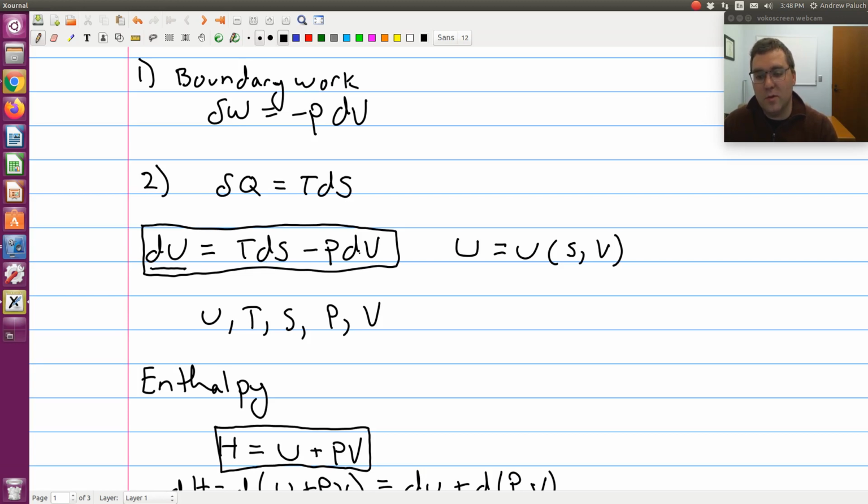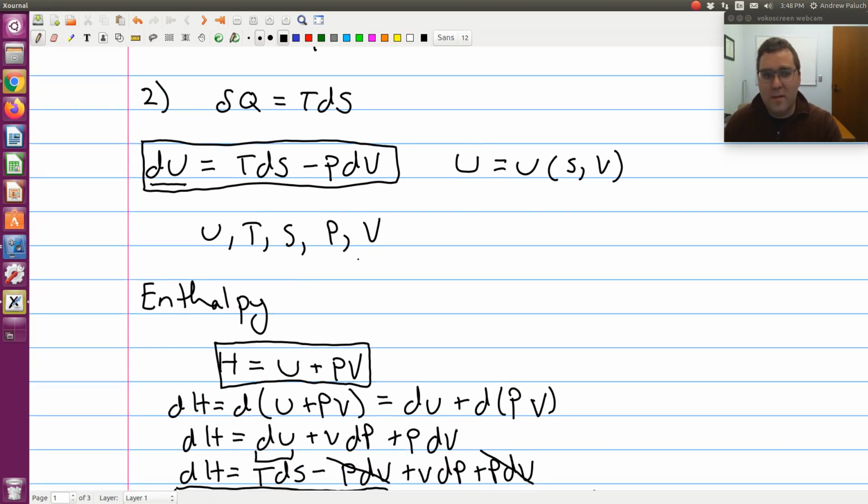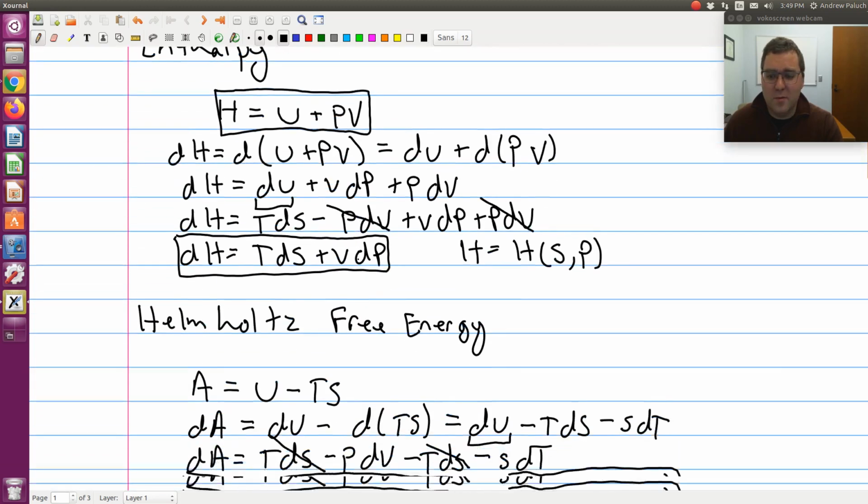So for enthalpy, we switch the role of P and V. For Helmholtz free energy, we switch the role of T and S. In Gibbs free energy, we're going to switch the role of both TS and PV so that we get a quantity with natural independent variables of T and P. The significance of this, again, is that in general, our favorite two independent variables are temperature and pressure. And temperature and pressure are typically the variables of interest in the real world. Those will also be useful when we talk about phase coexistence, because if I have two phases at coexistence, we've already said they're at the same temperature and pressure.